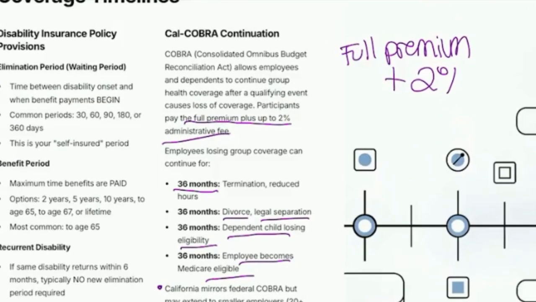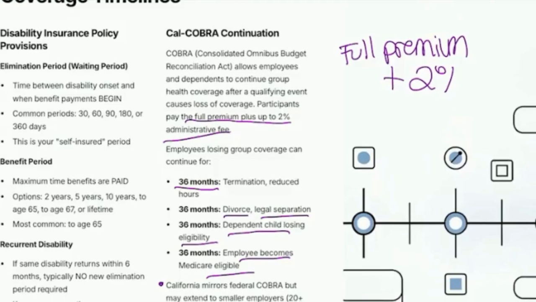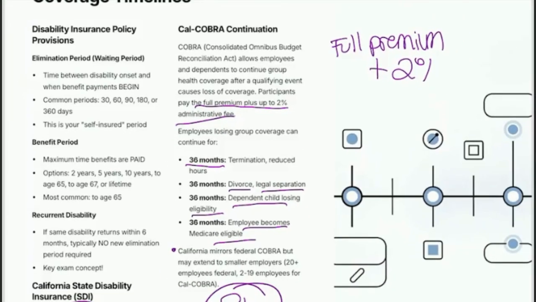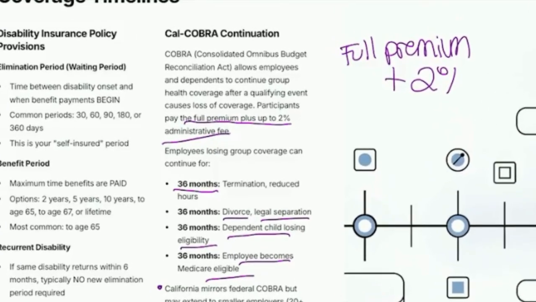They can step in and offer this CalCOBRA continuation, for up to 36 months for termination, reduced hours, divorce, legal separation, dependent child losing eligibility, or if you become eligible for Medicare, then you would no longer qualify for this coverage. And it is the full premium plus 2%, 36 months, and it offers it for 2 to 19 employees when we are talking about CalCOBRA.